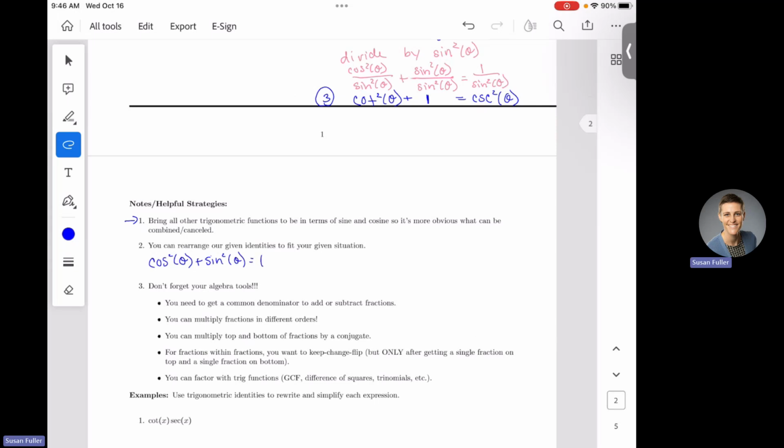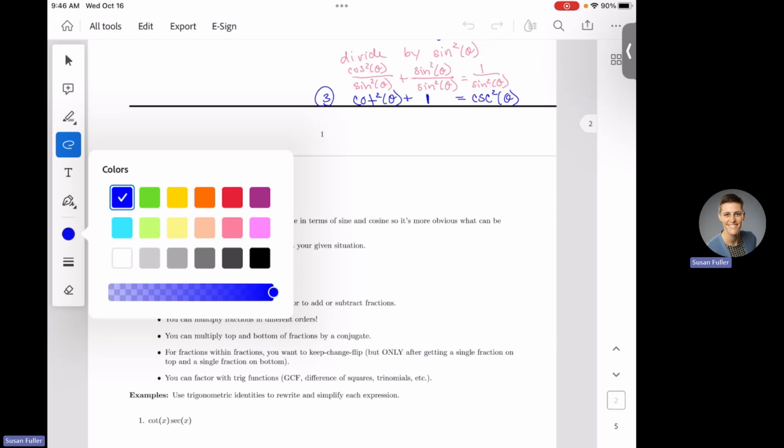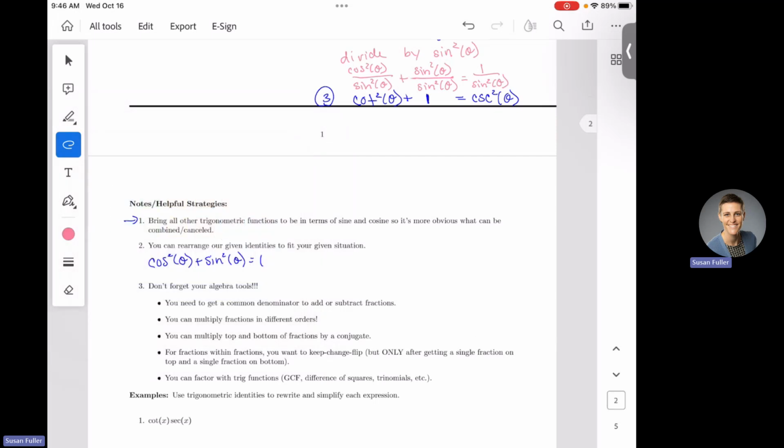But this is an equation. I can rearrange things. If I wanted to, I could subtract cosine squared from both sides. In that case, I would only have sine squared of theta left on this side, and on the other side, I would have 1 minus cosine squared of theta.